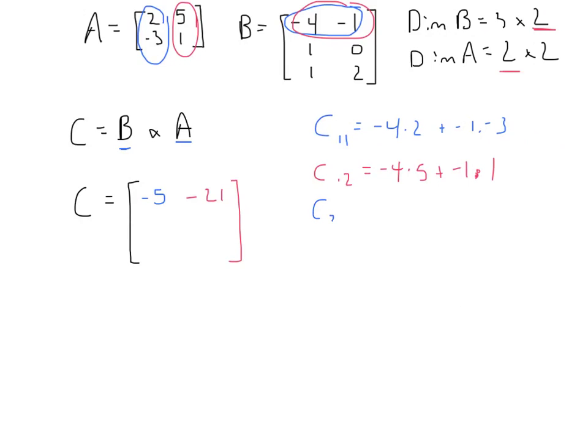And moving right along, C21, we'll be doing this times this. We'll have 1 times 2 plus 0 times negative 3 is 2. C22, we'll have this times this. We'll get 1 times 5 plus 0 times 1, which is 5.